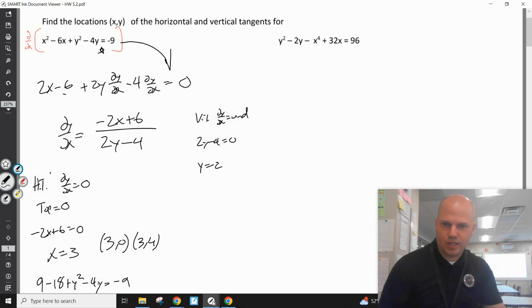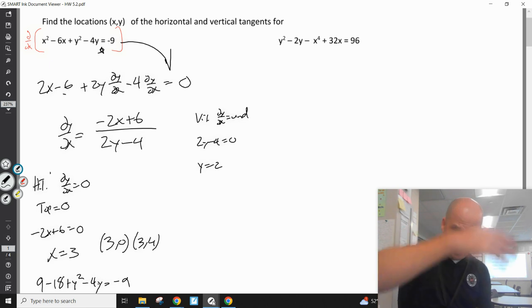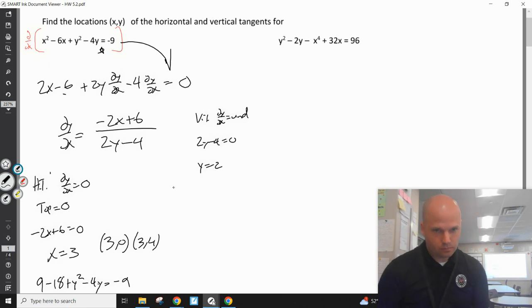Key to really this lesson, and in math in general, is don't forget you have your overall equation, your uniting equation. When in doubt, go back into the original equation. I get x squared minus 6x plus 4 minus 8 equals negative 9. Ooh, I got x squared minus 6x.